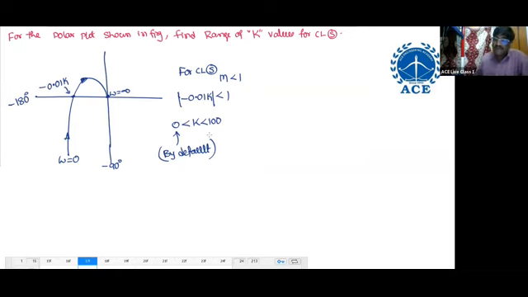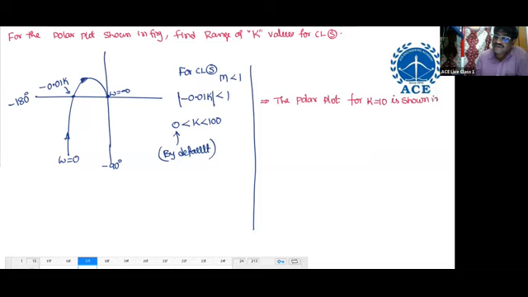Next, one more problem. For the polar plot for K equal to 10, shown in figure, the range of K value for system stability is.